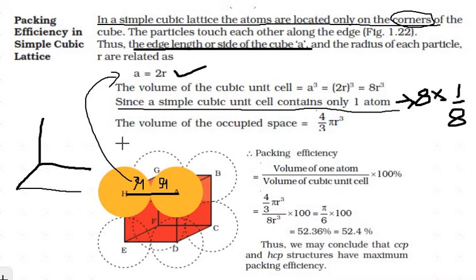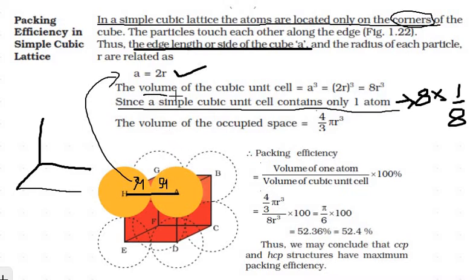Since it is a cube, all edges will be the same, and that's the reason if you take any of the edges of this cube, and denote this edge length as a, always it equals 2r.